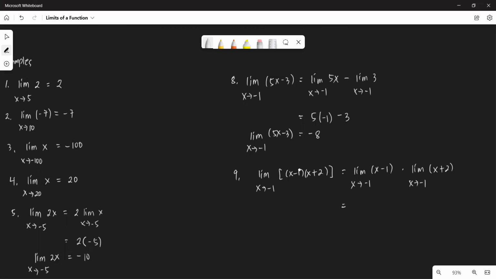So the limit of x as x approaches -1 is -1, minus the limit of 1 as x approaches -1 is 1. And then multiply this with the limit of x plus 2. So limit of x as x approaches -1 is -1, plus the limit of 2 as x approaches -1 is 2.